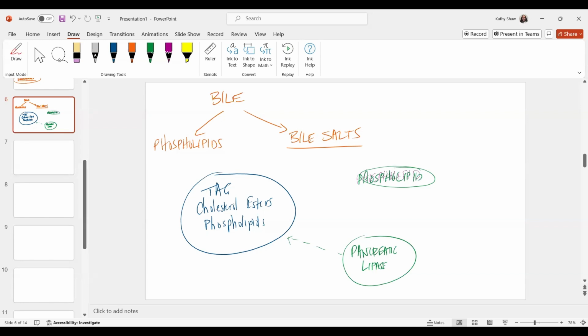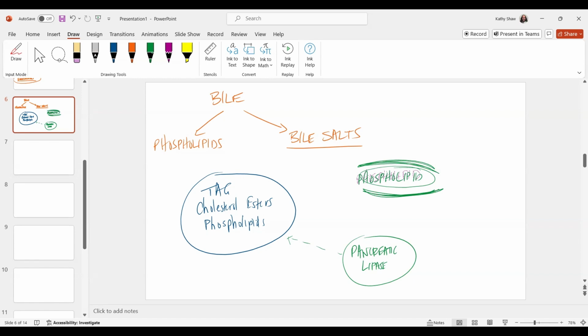And the thing with the phospholipid is it has a hydrophobic part and a hydrophilic part. That allows it to interact with the fat globule. So I've got a hydrophilic side. Of course, the hydrophilic side likes being in the water. I've got a hydrophobic side. So that wants to interact with the fat.